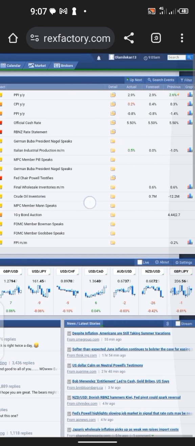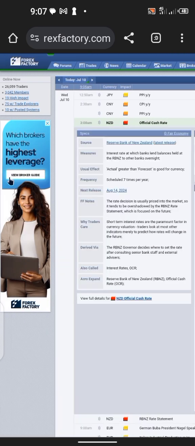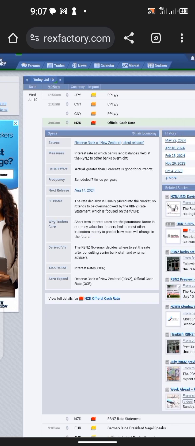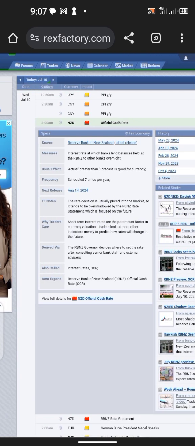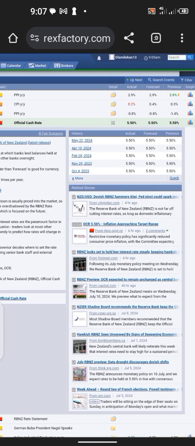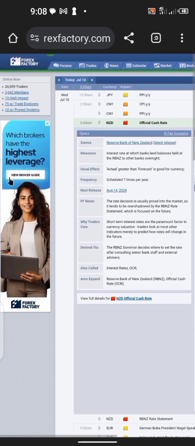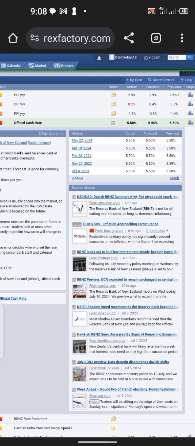Let's see the impact. Actual greater than forecast is good for the currency. So the actual here is the same as the forecast.